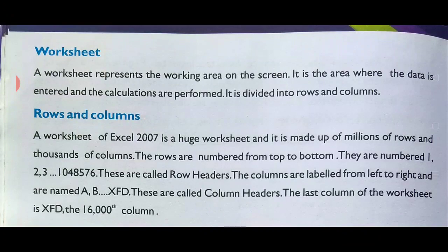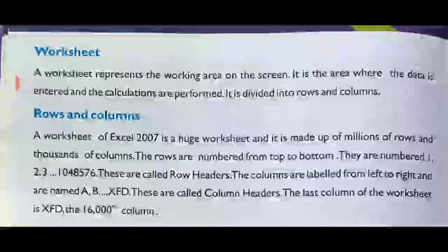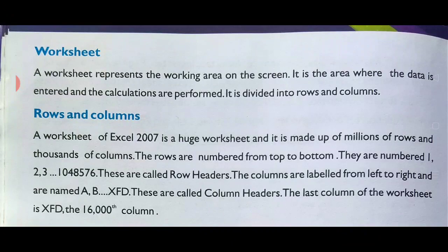These are called column headers. The last column of the worksheet is XFD, the 16,000th column. Students, the total rows are 10,48,576, and the total columns in the Excel worksheet are about 16,000.